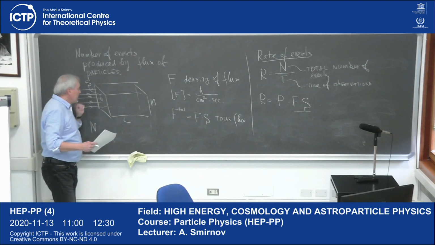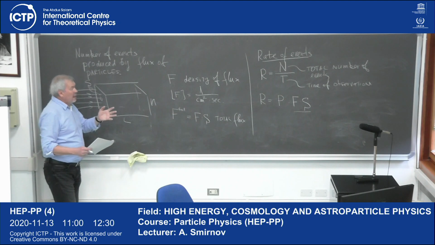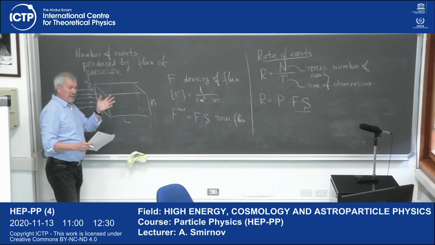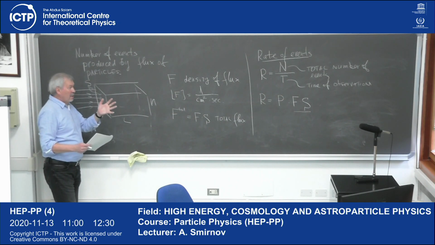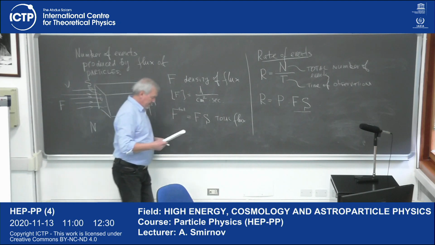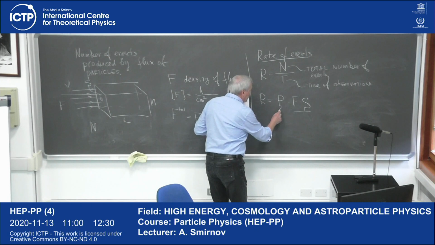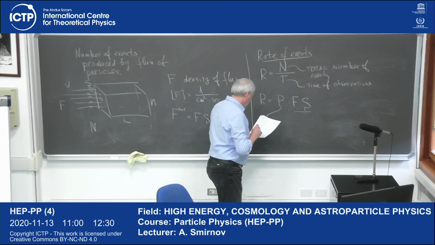Multiplying by the probability that each of these particles interacts, we will get the rate, which means the number of interactions of our flux inside the detector in the unit of time. So this is the probability which we have discussed before.